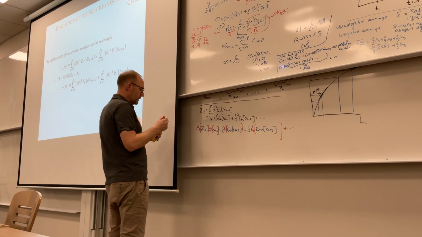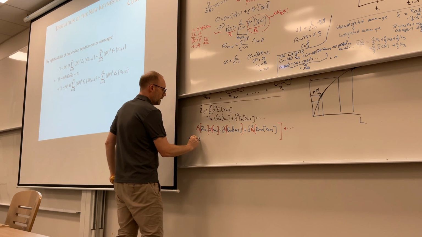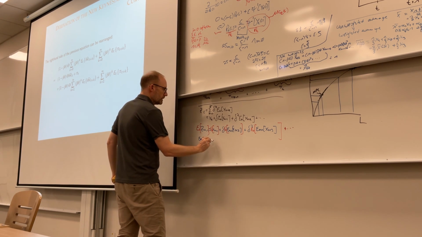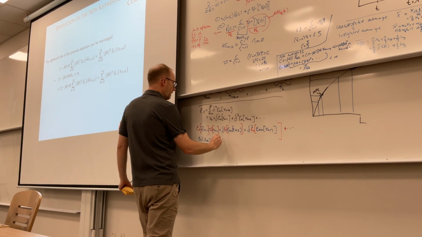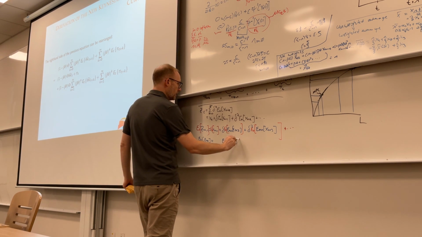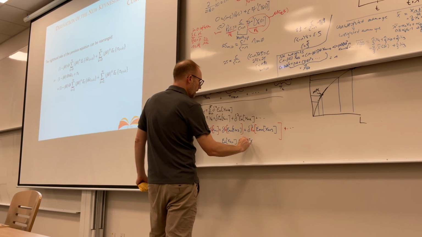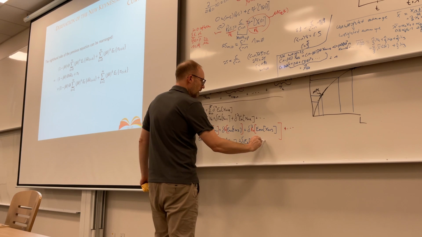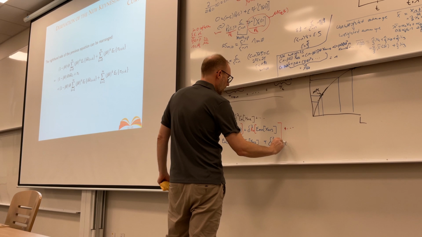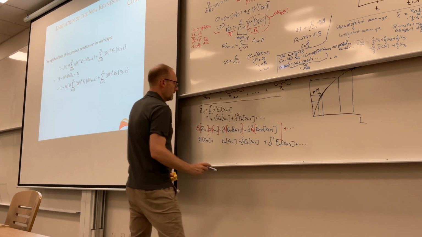if we use the law of rational expectations, this gives us then that E_t Z_{t+1} is equal to E_t X_{t+1} plus delta E_t X_{t+2} plus delta squared E_t X_{t+3}, and so on.